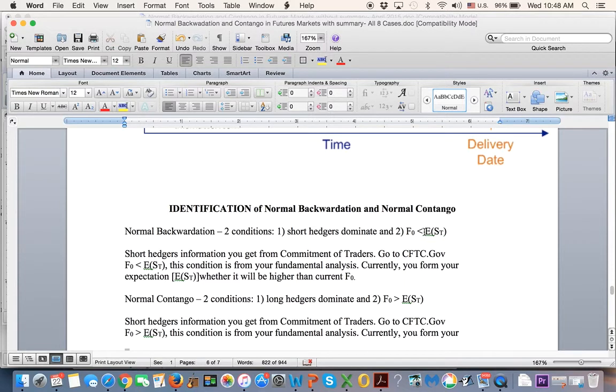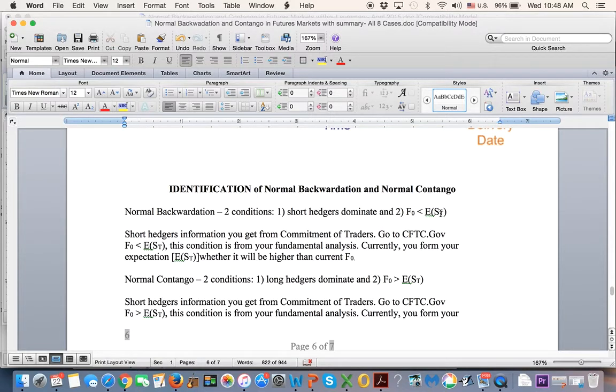In that case, you can identify this market to be normal backwardation. If you see that demand is less than supply, so you expect E(S_T) to go down, in this case only one condition is fulfilled, not the other one. You call that a mixed market.